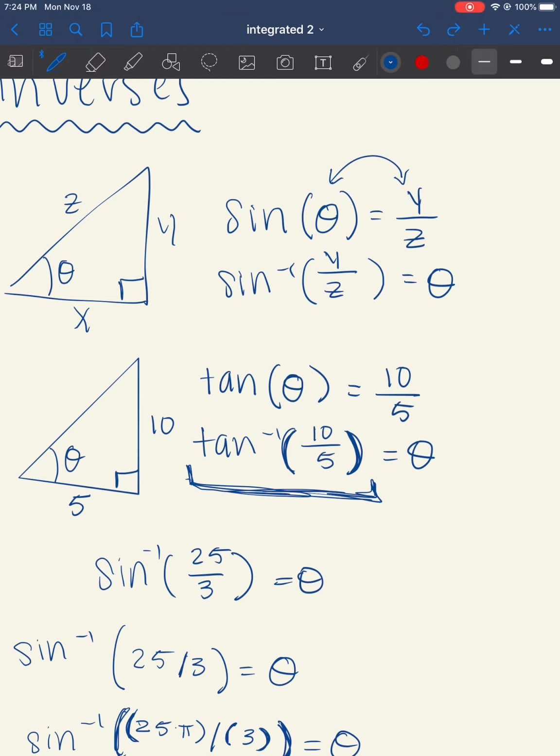So just make sure that you're not using inverse sine when you're not solving for an angle. If you're solving for an angle, use an inverse trig function. If you're solving for a side length, then use the regular. So I'll write that down.